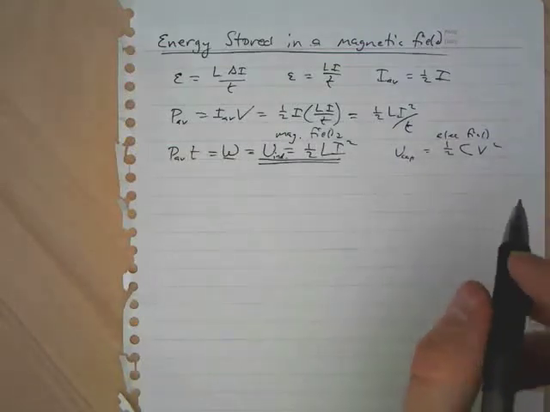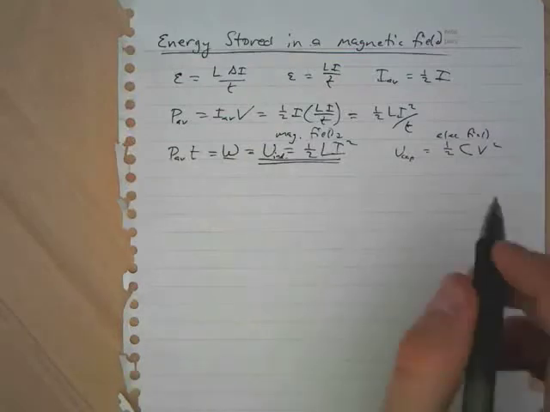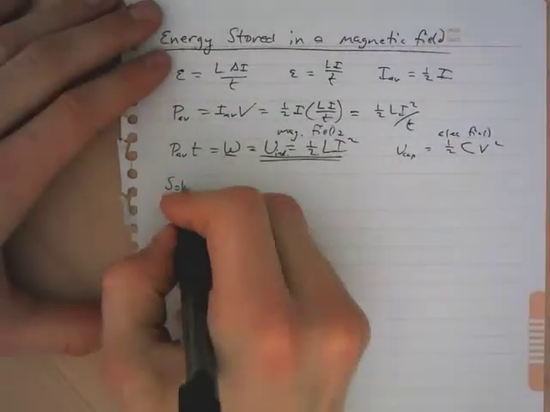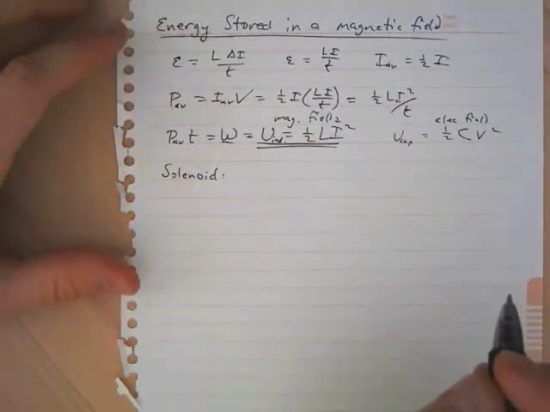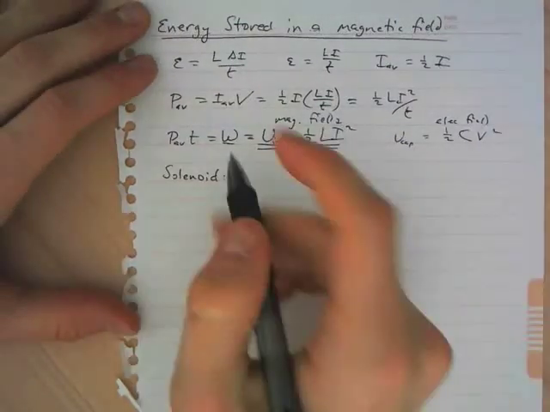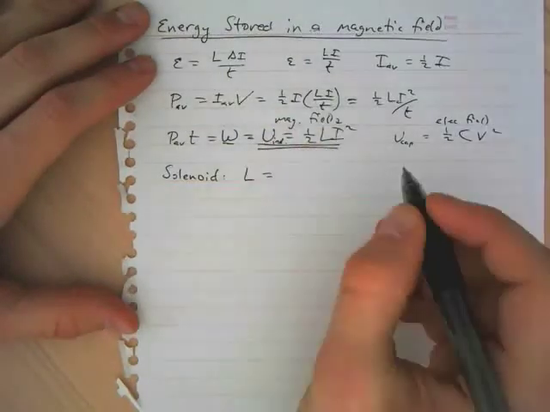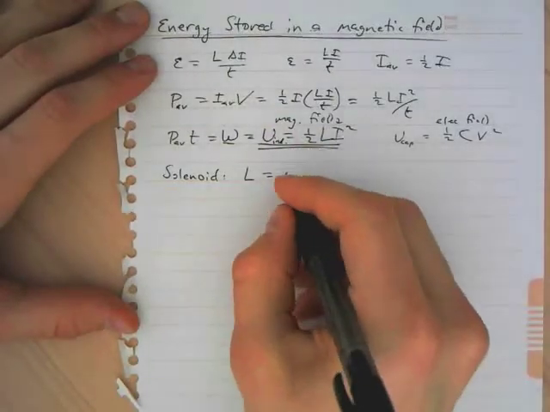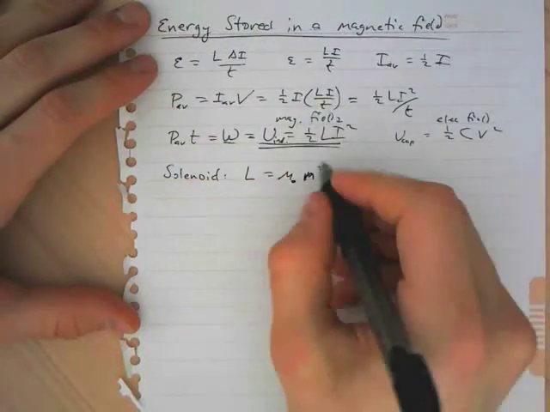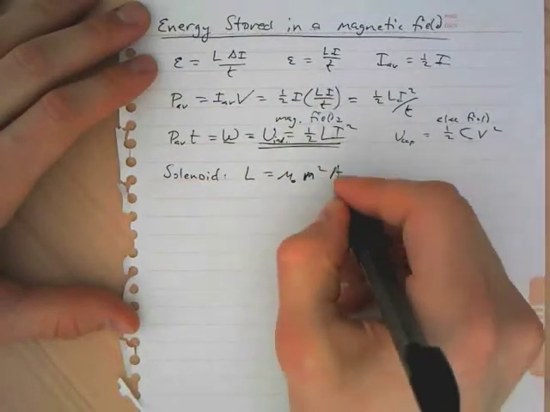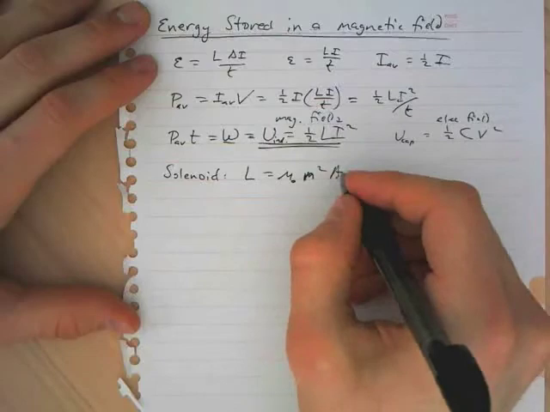Okay. Now, for a solenoid, which is a particular kind of inductor, the inductance we worked out last time is mu naught n squared times the cross-sectional area times length.